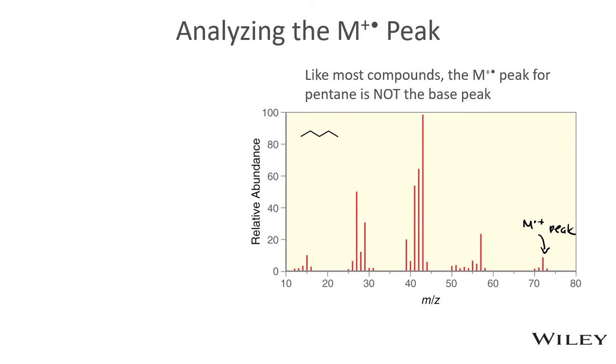You'll notice that it's super short. That means that this molecule is going to fragment really easily. This tallest peak here is our base peak. And our base peak represents the most common fragment to form from pentane.